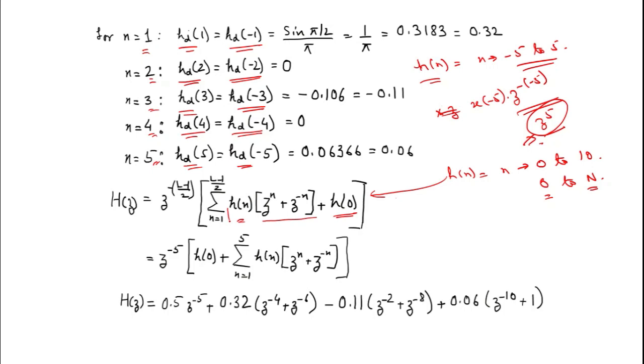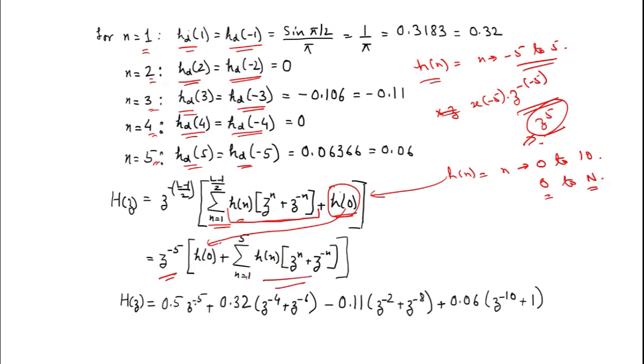So this portion, hn multiplied by z to the power n plus z to the power minus n, is within the summation limit. This h0 is an independent factor. So over here, L minus 1 is 10, by 2, so z to the power minus 5, then h0 comes here, summation of n equals 1 to 5 and the rest of the values.